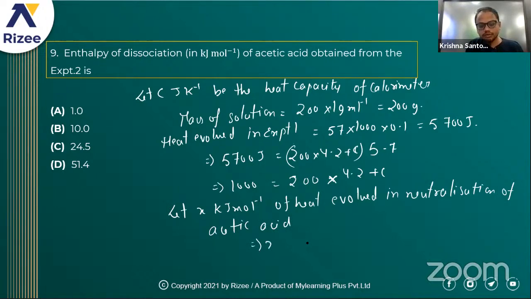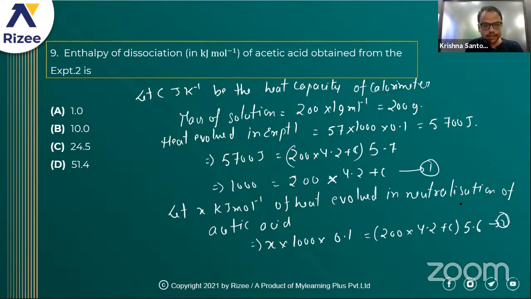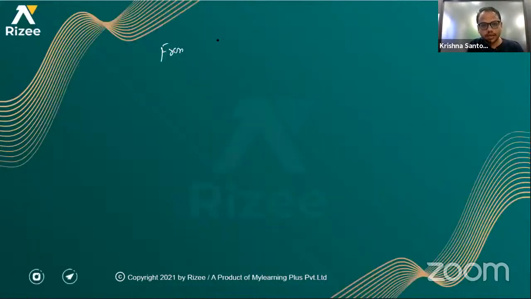Then we can write X into 1000 into 0.1 equals 200 into 4.2 plus C, into 5.6, since the temperature is increased by 5.6. After solving, from the first equation and this second equation, from 1 and 2, we will get X equals 56 kilojoules per mole.